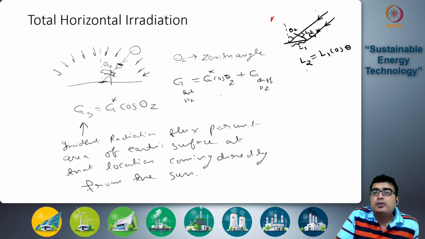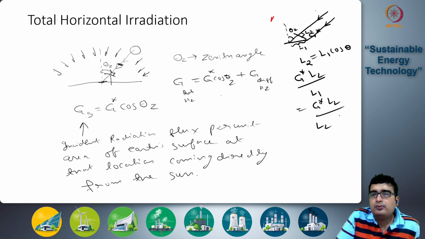So the total energy available is G star L1. This energy is then divided by L2. Now L1 is L2 by cos theta, so this becomes G star L2 by cos theta, divided by L2.